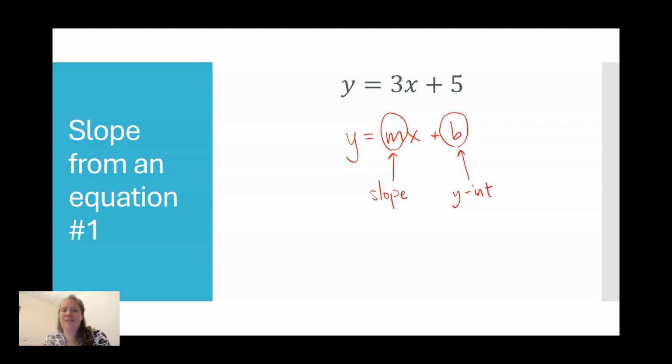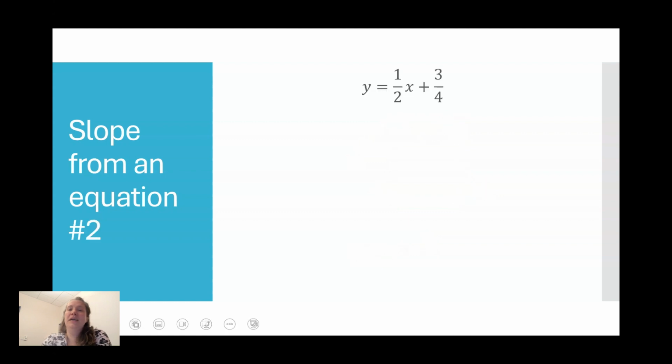It's sitting right there. It's 3. Don't have to do anything else with it. I'm done. I even know the y-intercept is 5, so I could start at 5 to graph this. So nice. I have it in y equals form again. Here's the slope. Slope is 1/2. Done. So easy.